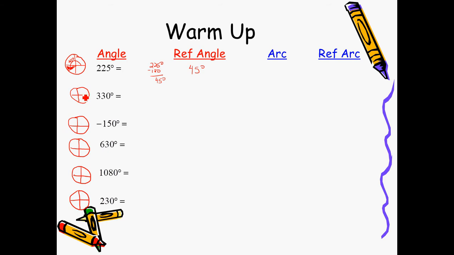Right, math? 330, spinning around to the fourth quadrant, showing the ray going from the center to the circumference. That's 330 degrees. Measure the reference angle to the closest horizontal. How far away is it? Okay, 330 up to 360 would be 30 degrees.